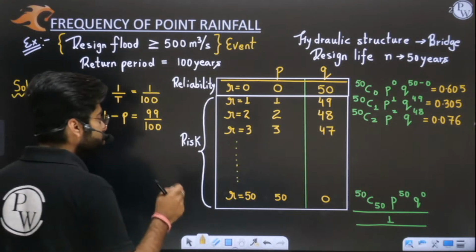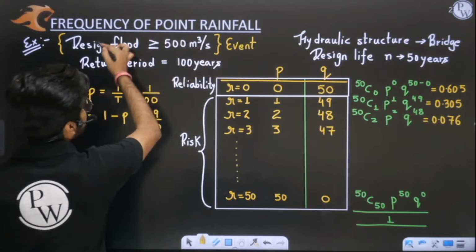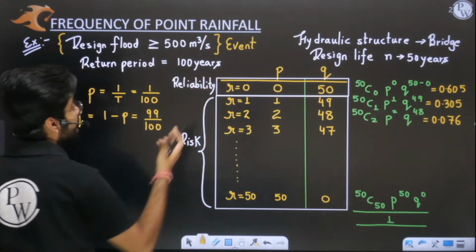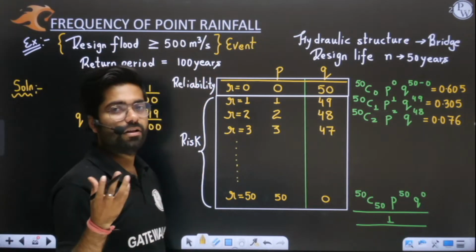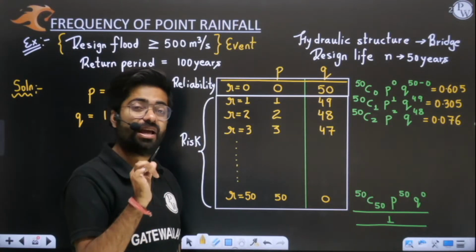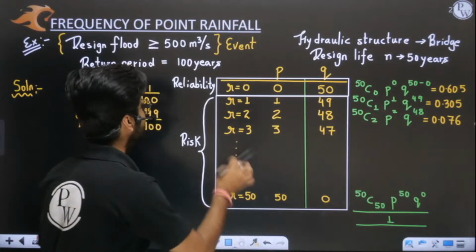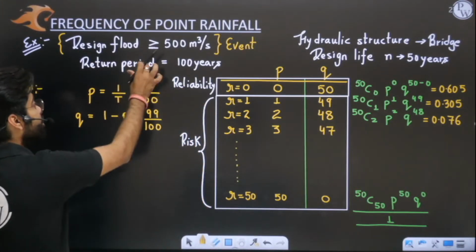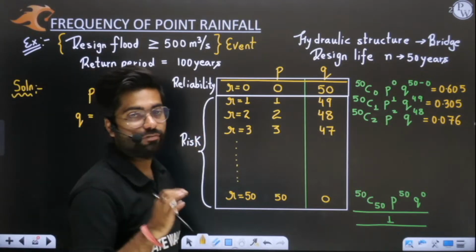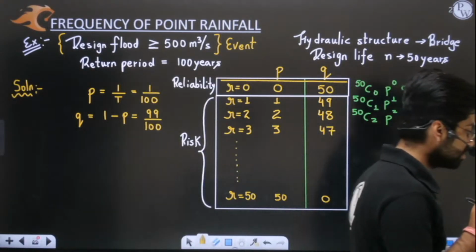Now the question is that this flood event has a return period of 100 years. How did you say that? How will this magnitude of discharge have such a return period? How will I evaluate the return period or probability of any event? This I want to know.